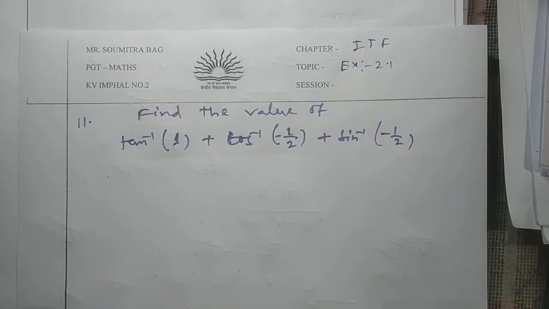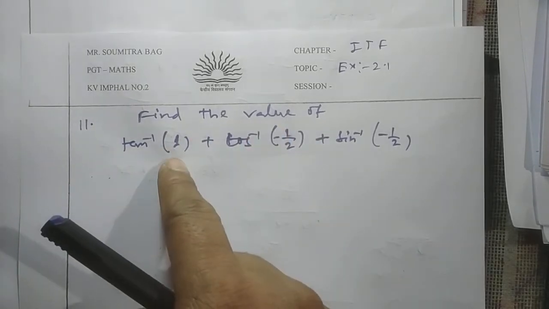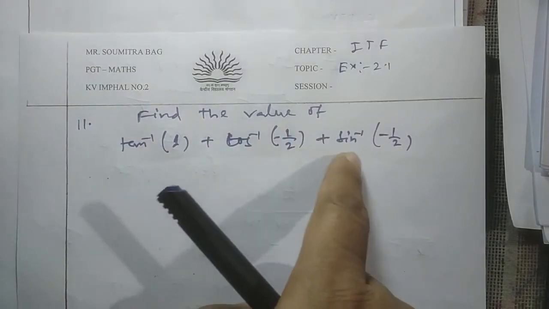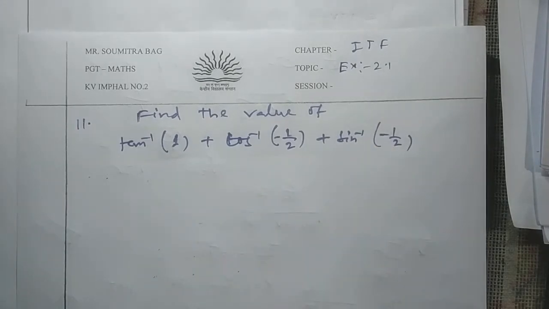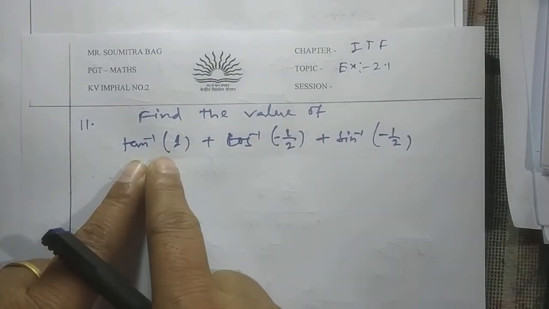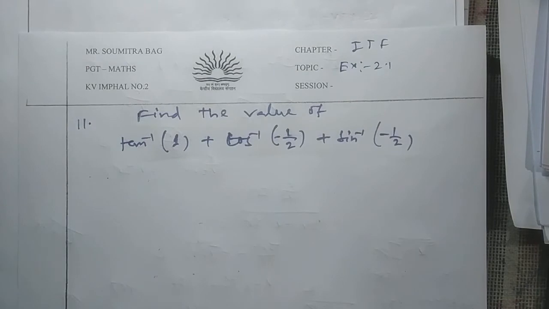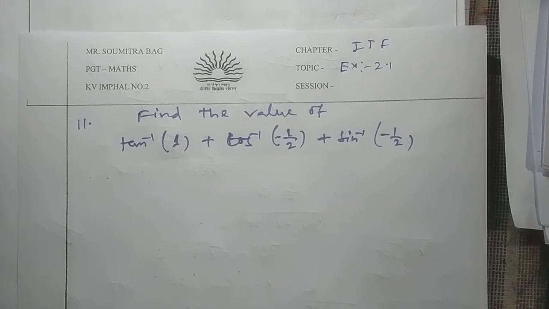Now let us come to question number 11. First let us see what is told here. Find the value of tan inverse 1 plus cos inverse of minus half plus sin inverse of minus half. Here it is clear that three ITFs are given together. After the previous maths, we have found the PV for a single ITF.